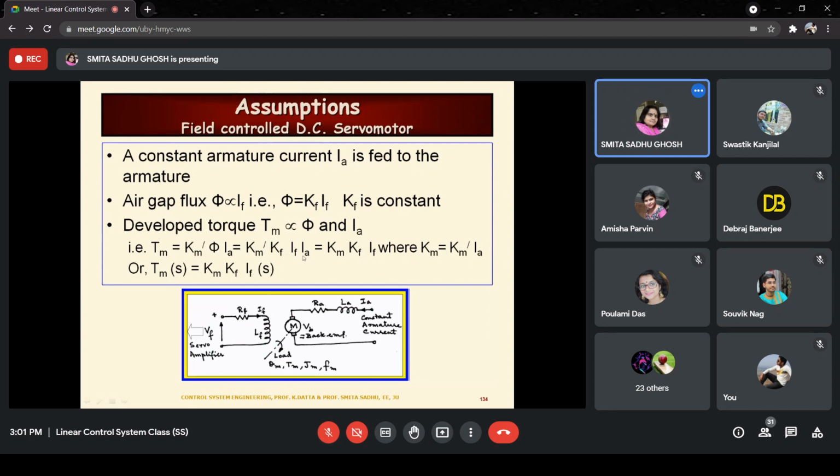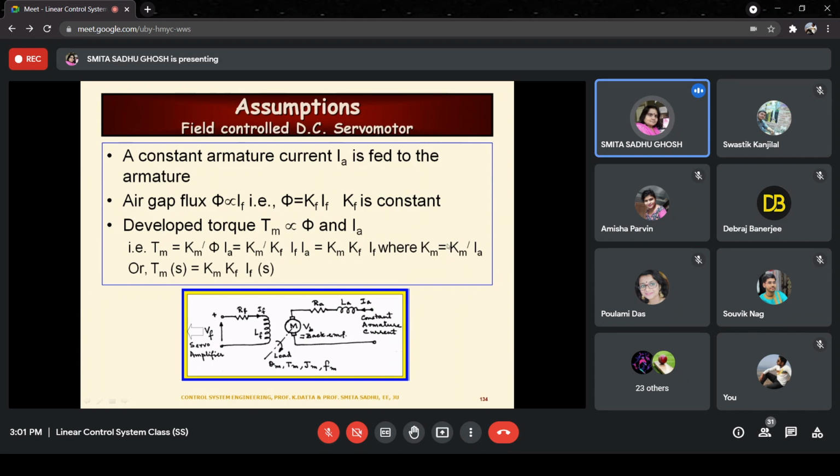Now, in this expression over here, If is of course a varying quantity, whereas Ia is constant, isn't it, because it is a field control DC servo motor. Armature current is constant, so we can take this Ia and combine it with the other constant.